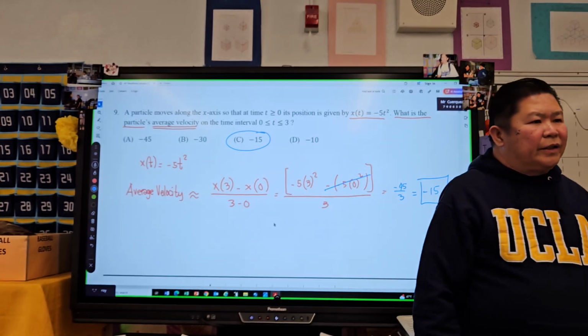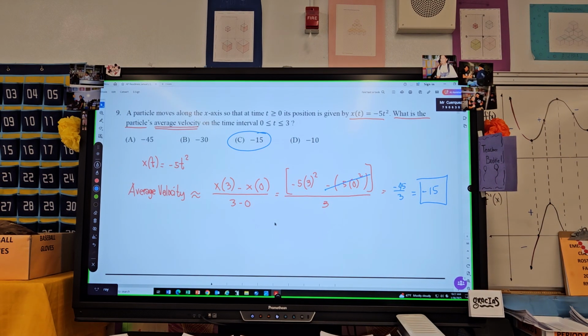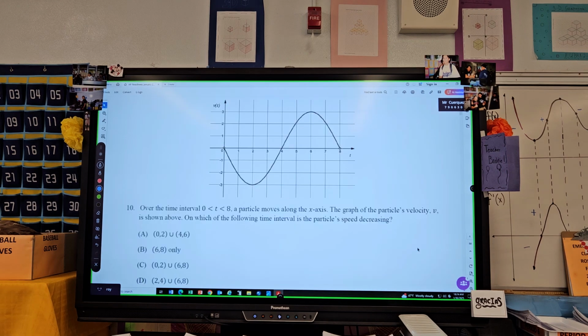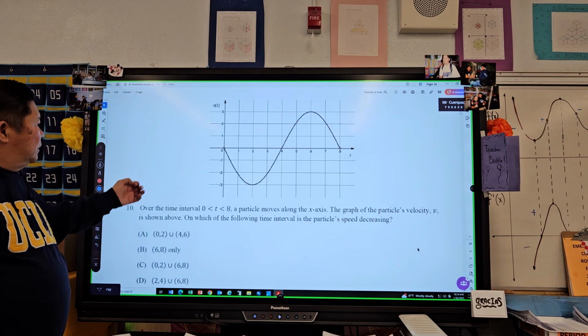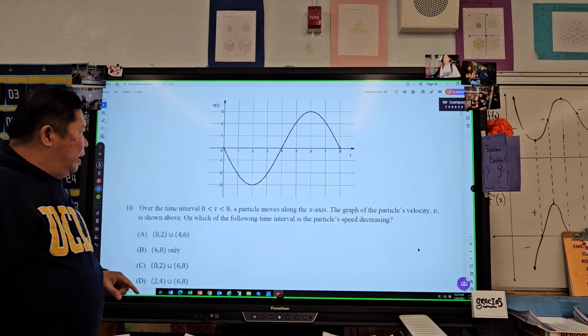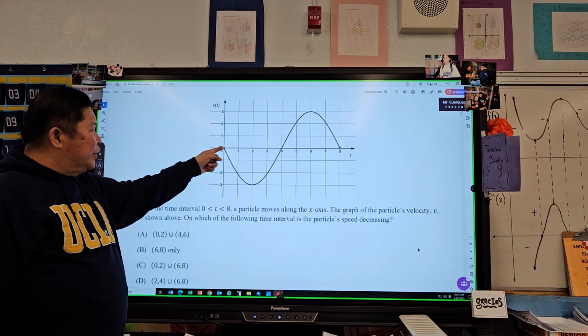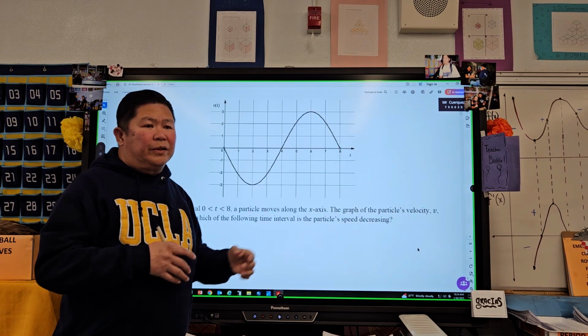And a question, guys. Okay. So we have problem number 10. The graph over the interval from 0 to 8. The time is from 0 to 8.